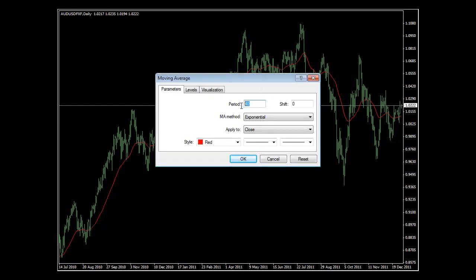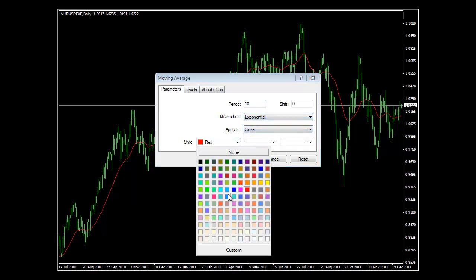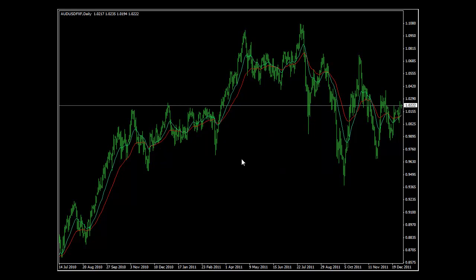This one is going to be an 18 period exponential on the close, and let's go with blue. You guys can use whatever color you like, but I'm using these for this example.